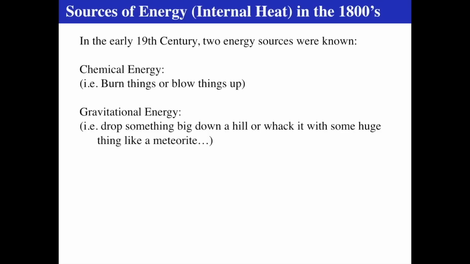And if you look at the economies and what people did back in the 19th century, pretty much everything was reliant upon that. Electricity had not been developed as a viable option for a very long time. So basically, burn stuff, blow stuff up, or drop things off hills. That's how bread was made in water mills: as a river went by, it would turn a paddle, and that paddle would then turn a grindstone.